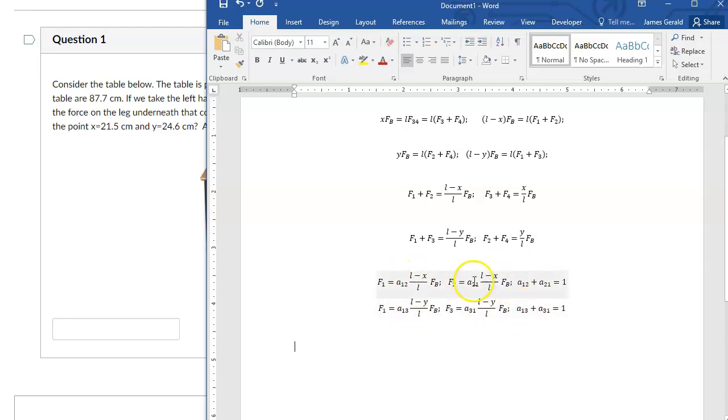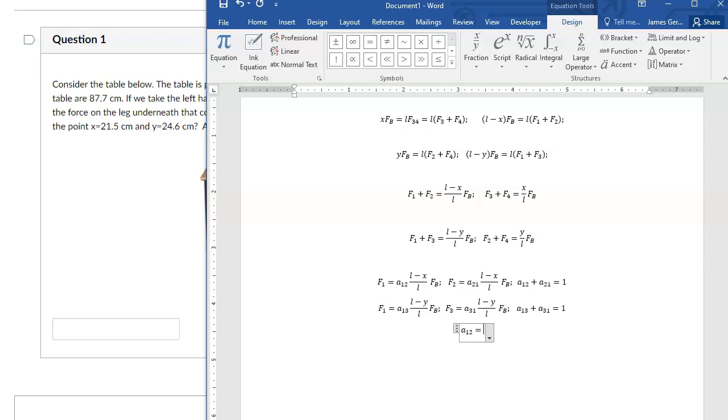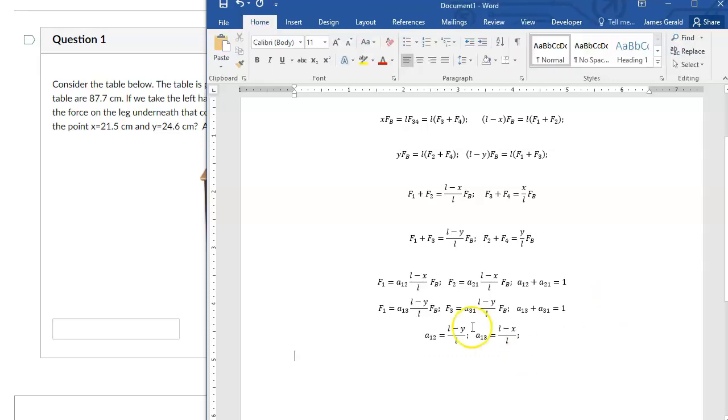No, not yet. Sorry, we'll get there. And so we can provisionally propose: what if A12 is just L minus Y over L, and what if A13 is just L minus X over L? All right, then these two equations are good.